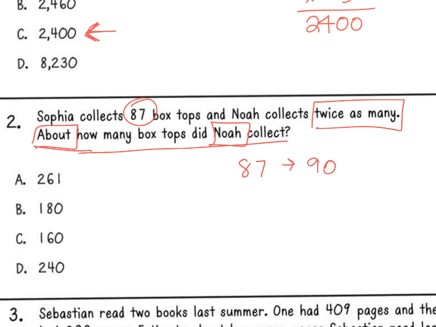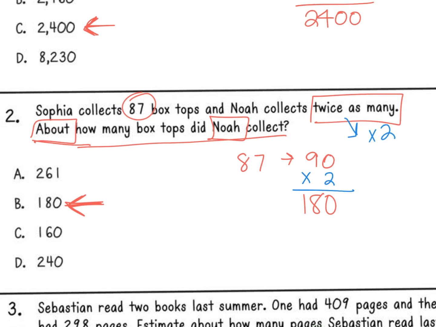What does twice as many mean? Times 2, very good. So 90 times 2 equals 180. Do y'all see that answer somewhere? Yes. Right here, B.